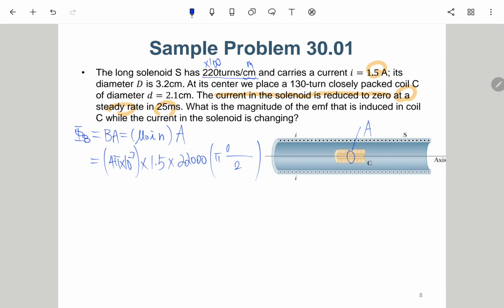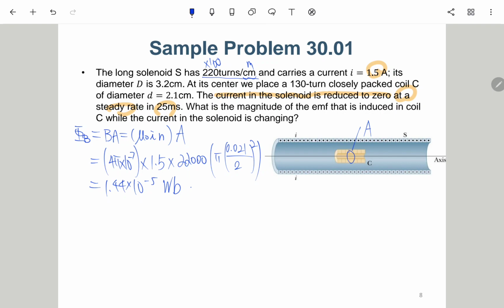Okay, so this is 0.021, divide by 2 and then take the square. Okay, and this one is actually 1.44 times 10 to the negative 5th Weber. So this is the magnetic flux for the coil C at the beginning.